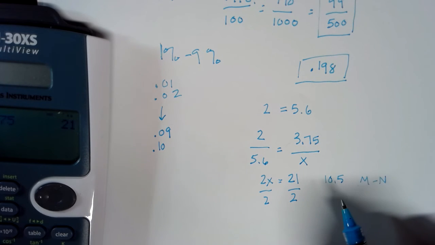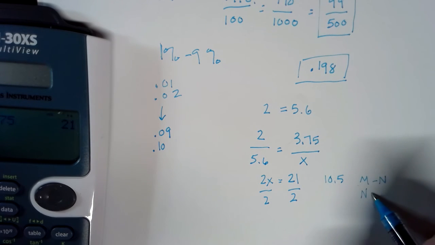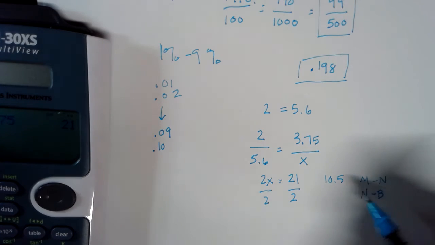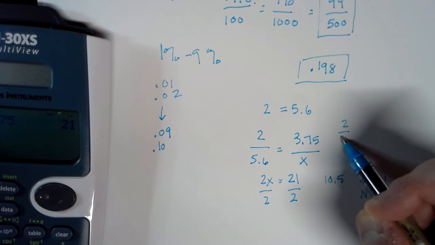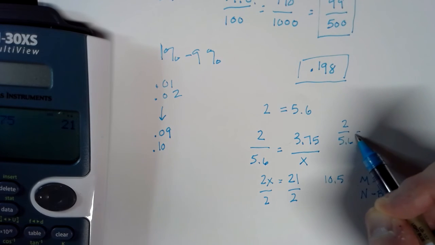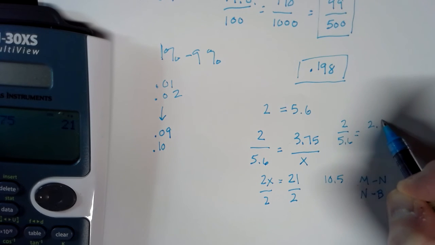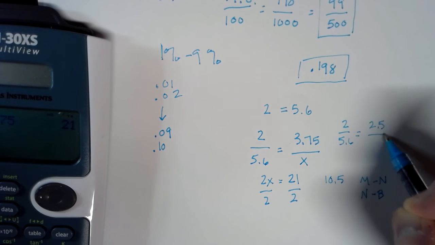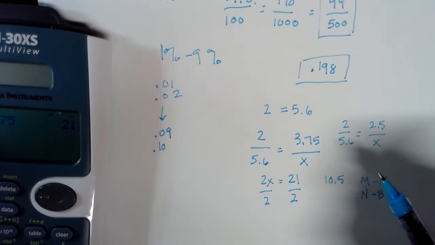And then your second one is Norwood to Bar, and that is 2.5. Do the exact same thing. You know that 2 inches is to 5.6 miles as 2.5 inches is to unknown miles. You're going to do the exact same thing again.